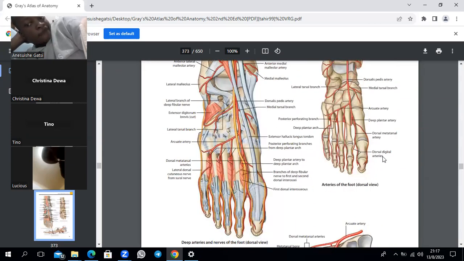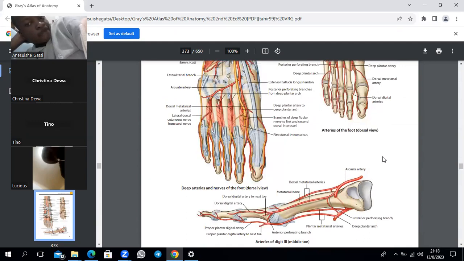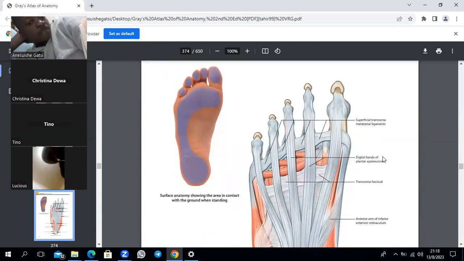Maybe to pose a question to you guys, do you think we have a muscle on the dorsum of the foot? Hello?